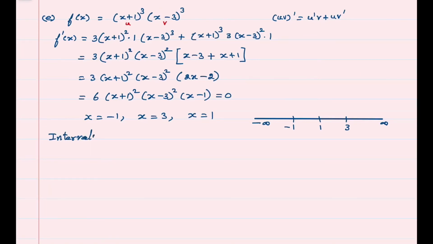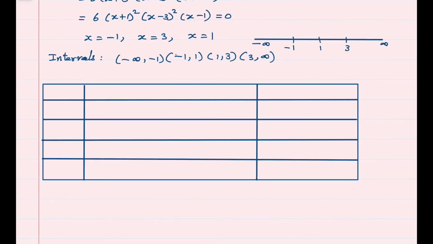Since we have to check whether it strictly increases or decreases, we will write the open intervals at the critical values. We will write the intervals: minus infinity to minus 1, minus 1 to 1, 1 to 3, 3 to infinity.